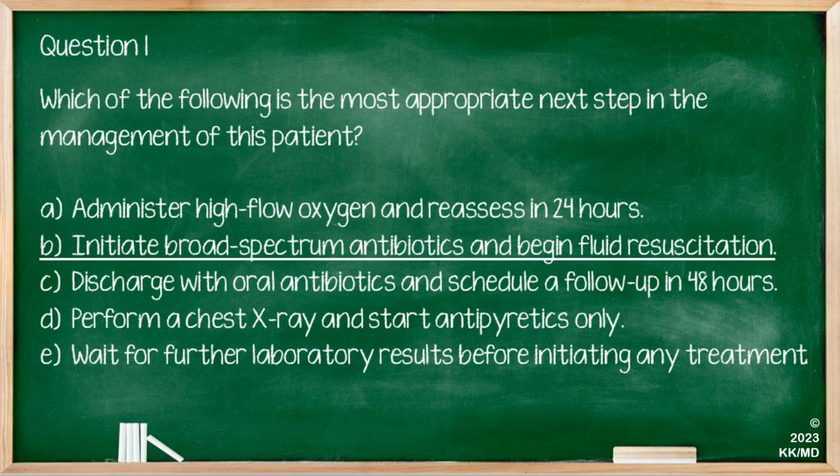However, the rest of the answers, which are reassessing in 24 hours or the 'only' at the end of option D, make them incorrect options. Options C and E are completely incorrect, as discharging a patient who is hemodynamically challenged is not going to be appropriate, and waiting longer for further tests to become available is also not appropriate.